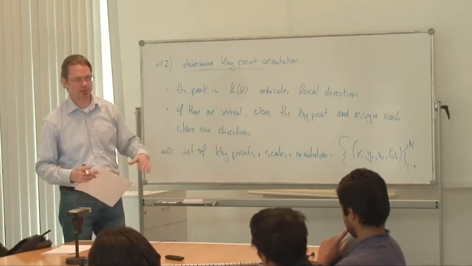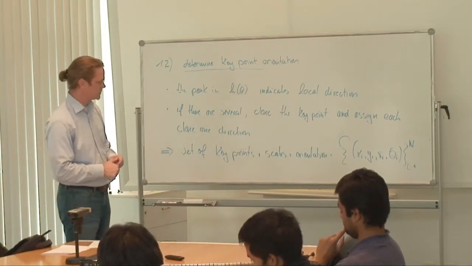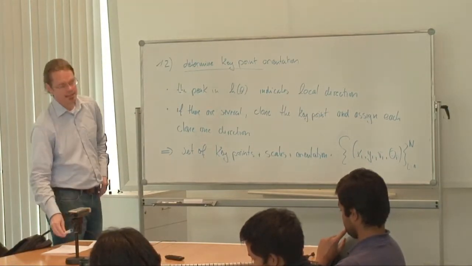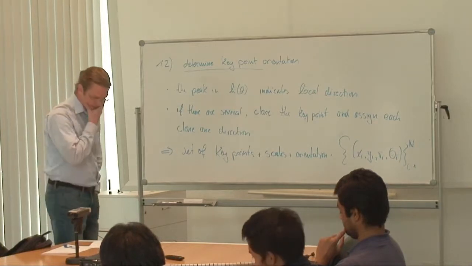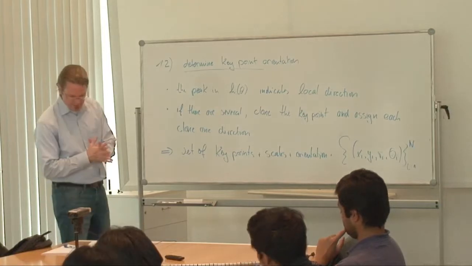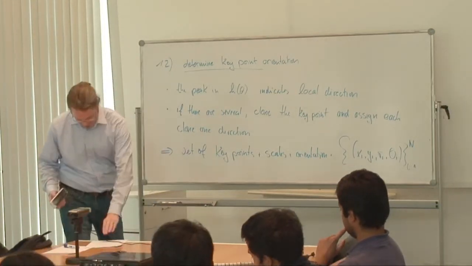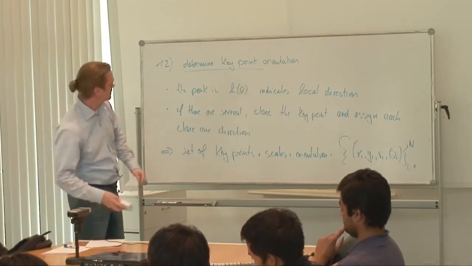This may actually be a larger set of key points than the one we had computed in the previous step. And now, let me really quickly just go through the last part of that, and then let's talk about applications next time.